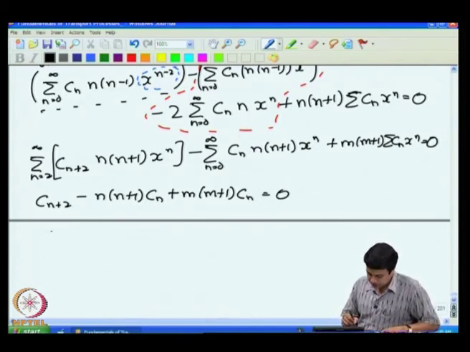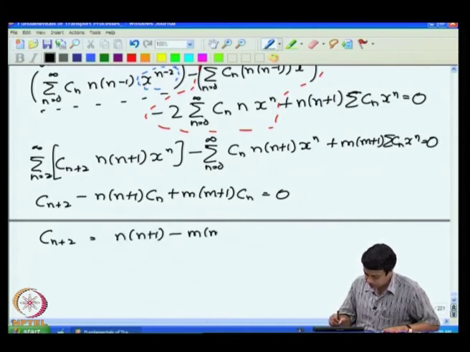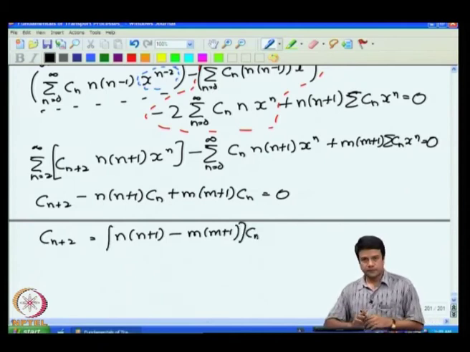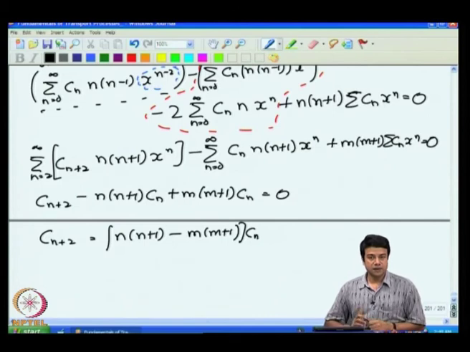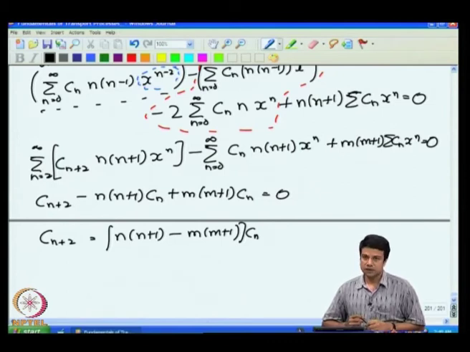Or in other words, Cn plus 2 is equal to n into n plus 1 minus m into n plus 1 into Cn. So, this gives me Cn plus 2 in terms of Cn for n going from 0 to infinity. In other words, if I know what is C0 and C1, then I can determine C2, C3, C4, etc., all higher terms in the series.